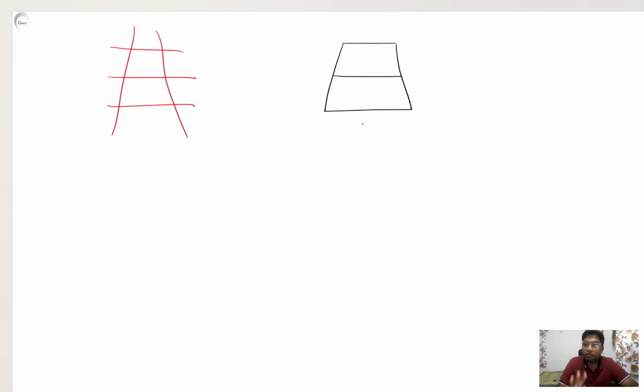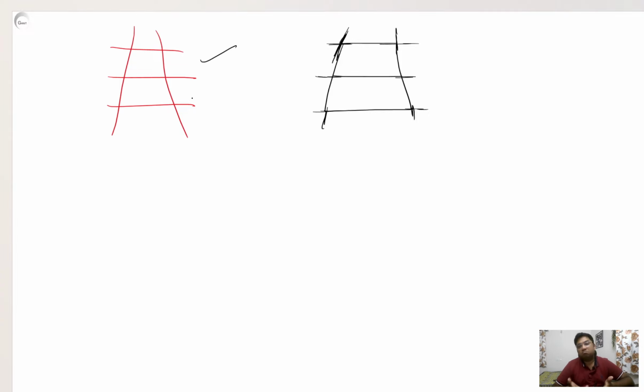Do not think of this just as a normal trapezium. Why? Because if you extend it a little bit, see, it became a proper diagram like intercept theorem. So that is what I have been trying to tell. Intercept theorem diagram may not always look like this one.